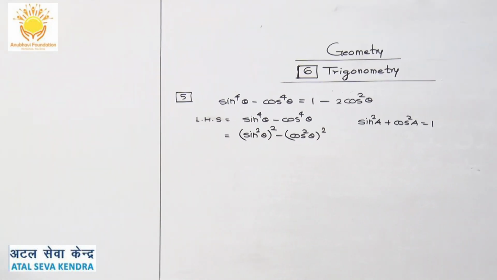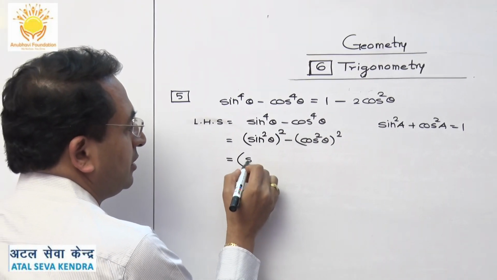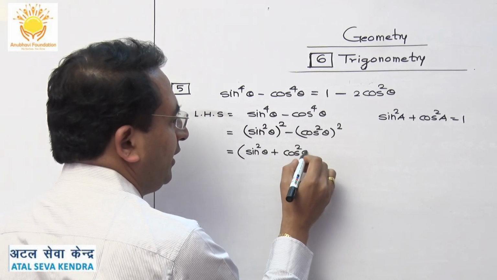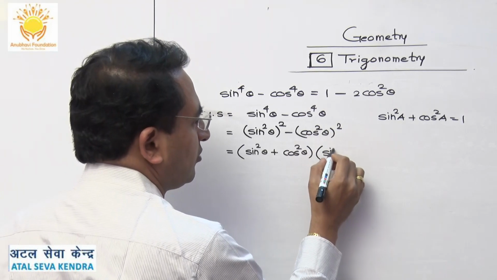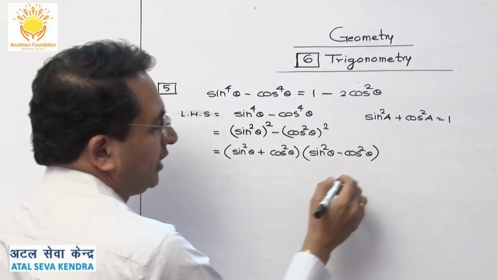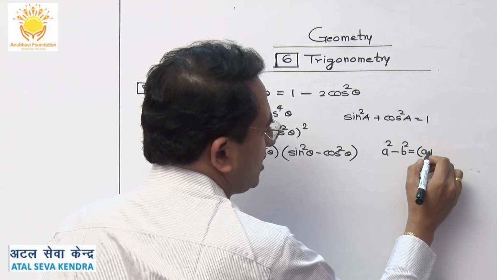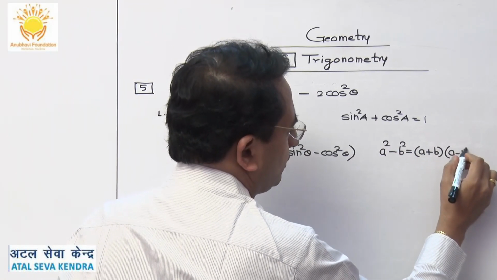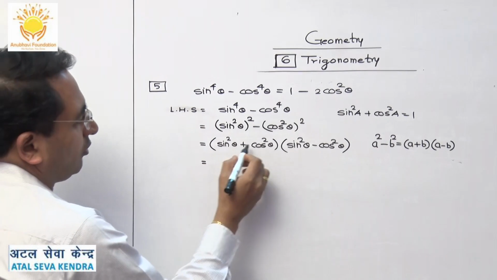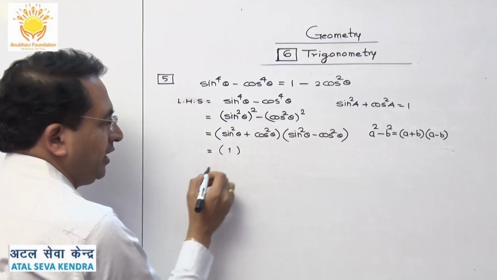Now when you are dealing with that a square minus b square format, then the answer is sin square theta plus cos square theta, multiplied by sin square theta minus cos square theta, for the reason that a square minus b square is nothing but a plus b and a minus b. Now see the modification of this. Sin square theta plus cos square theta is going to be 1 from this identity. That's why I am writing 1 here.